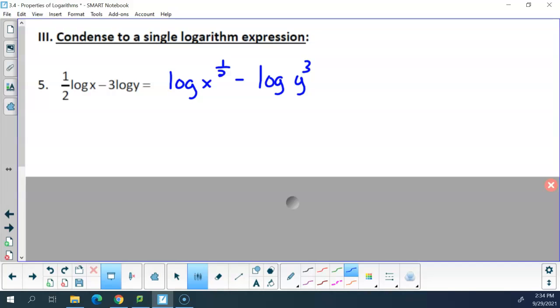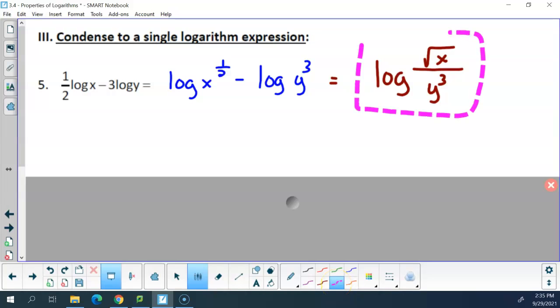When we're condensing, we apply the power property first. So then this would become log of the square root of x divided by y cubed. That would be my condensed single solitary. I want one log.